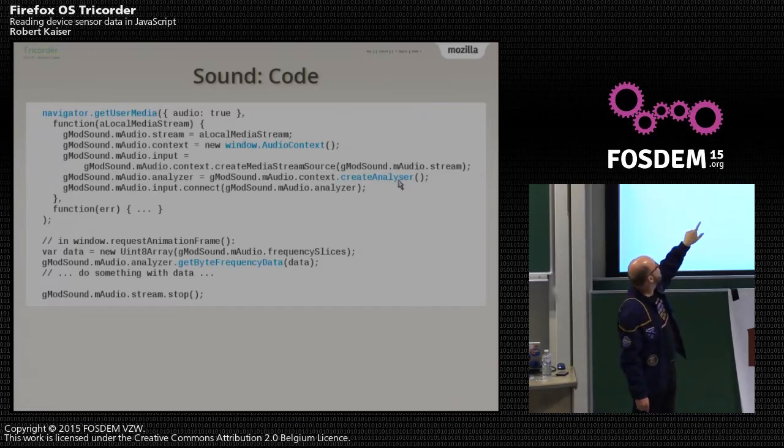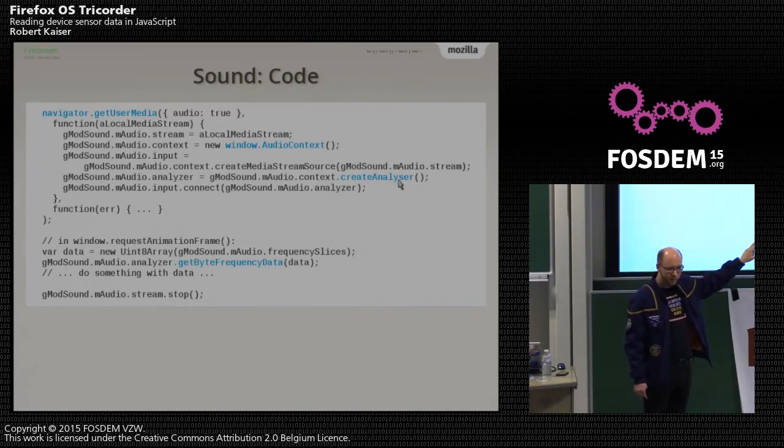Then we create a new audio context, and create an input, where for the input we specify a stream source, and that is the audio stream that we just got.